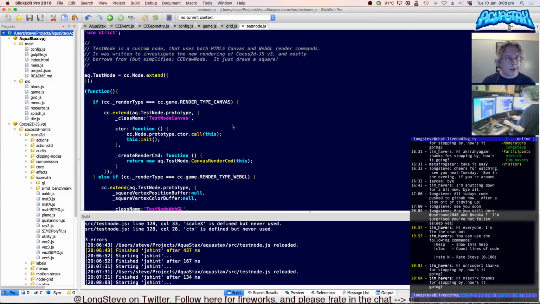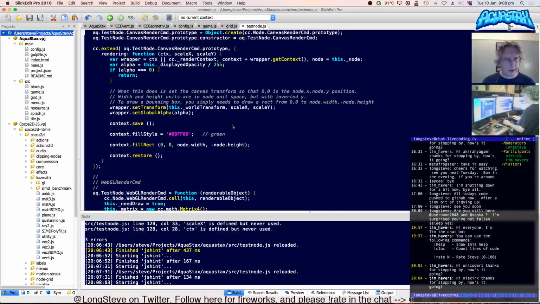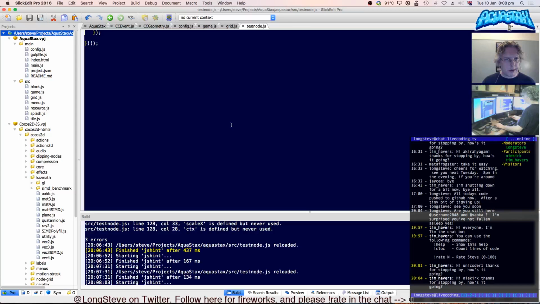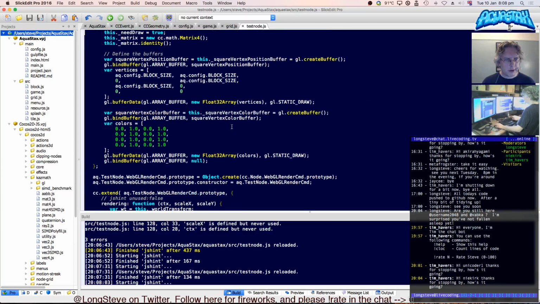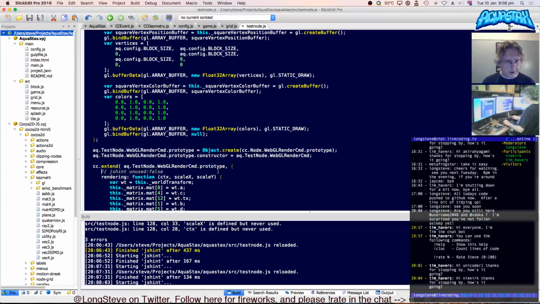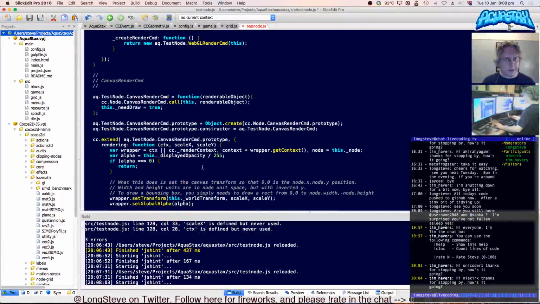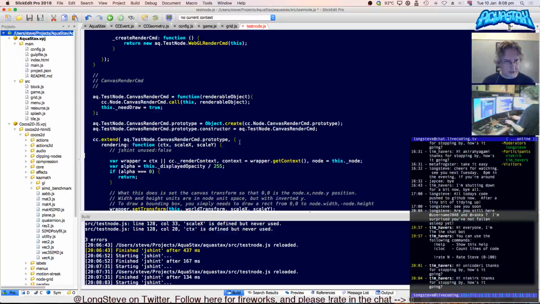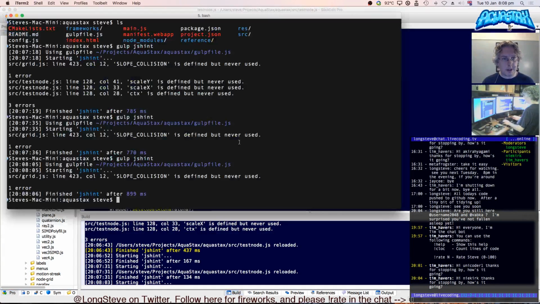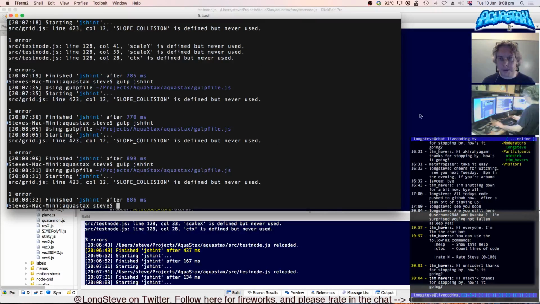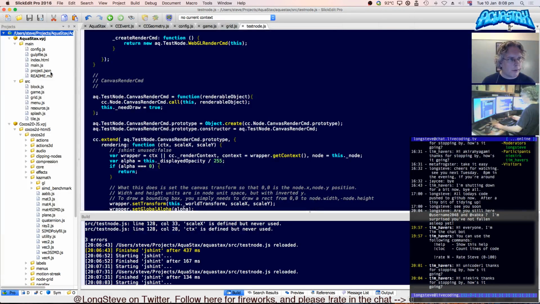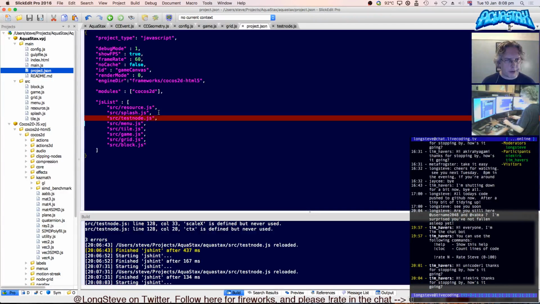No. I'm just going to stick that inside that function, and I'm also going to stick it inside here, although it doesn't seem to be making any difference. And then gulp JS hint. Right, everything's fine. So also, before I go too far, let's get rid of test node from my project.